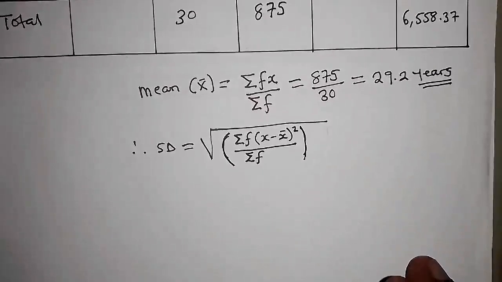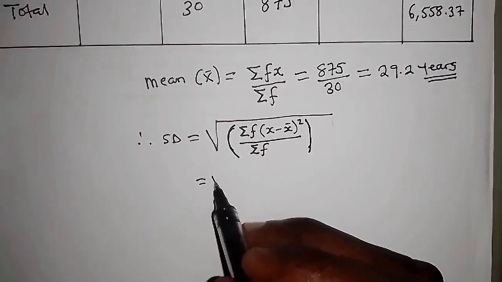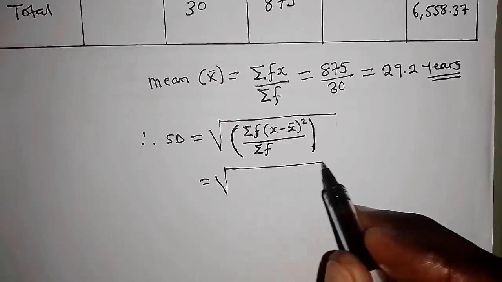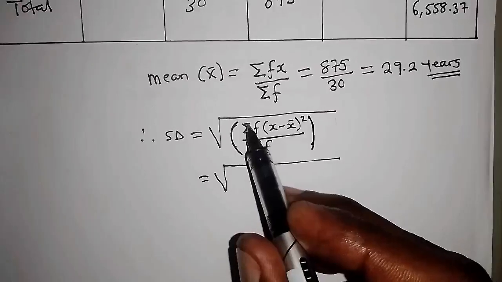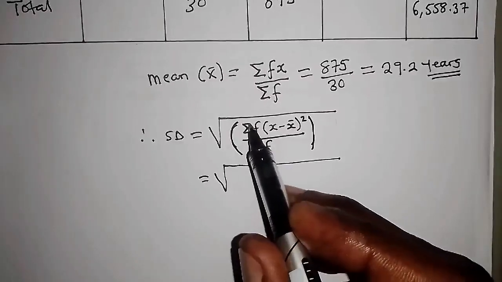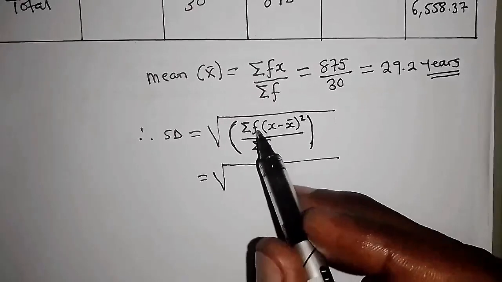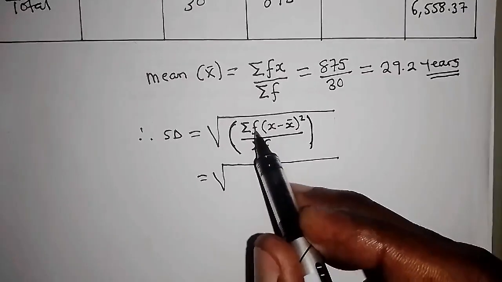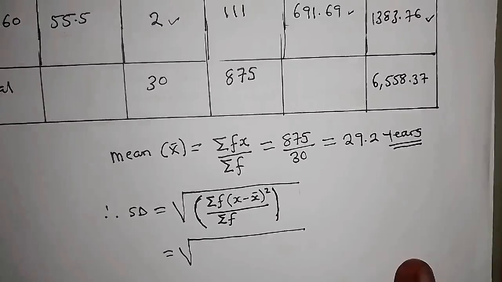Now just plug in the values. This symbol on top is just sum. This Greek symbol means sum. So what is the total for f times these deviations? You go back to this table, you get this number.